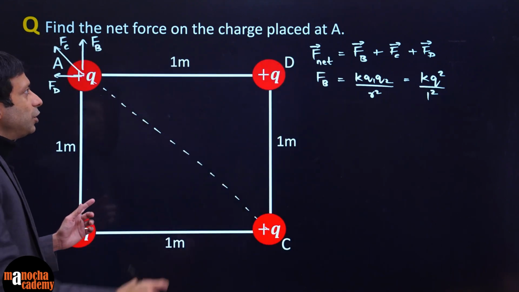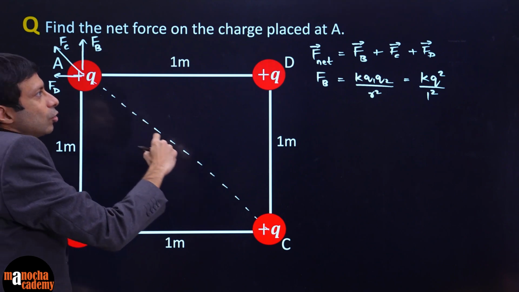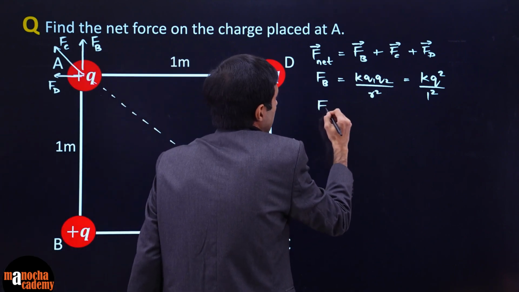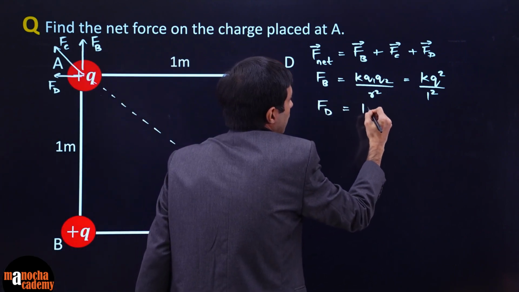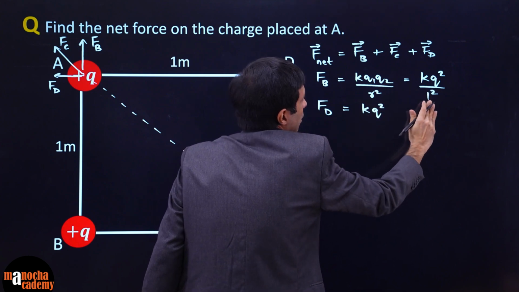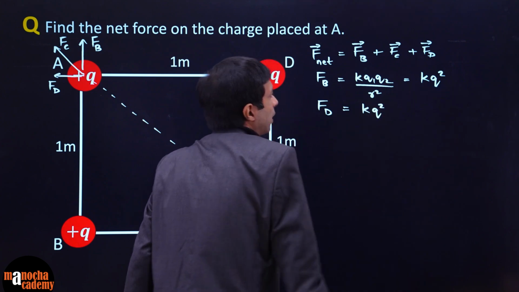Similarly, what will be the force due to D? The force due to D will also be the same. The force due to D will be K Q squared, right? Since the distance is the same, I'm going to remove that one term.